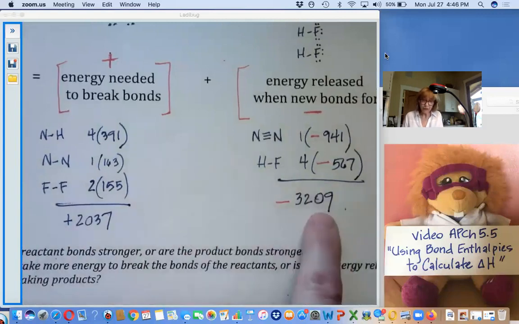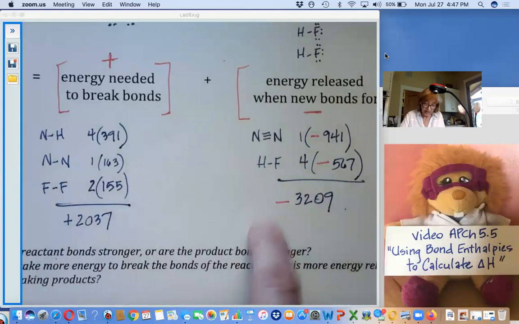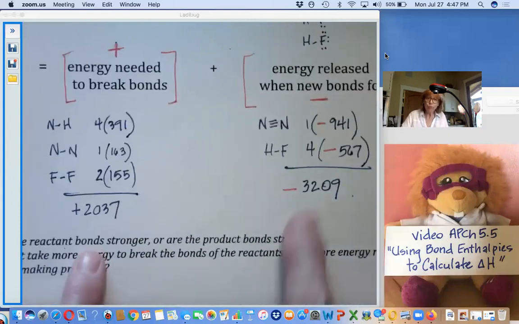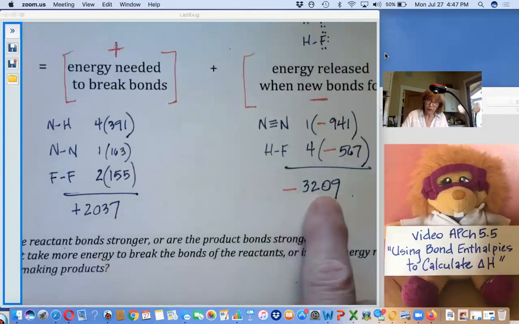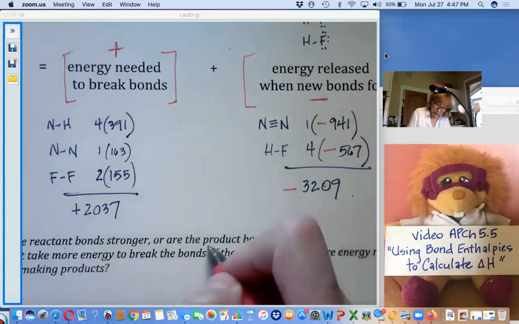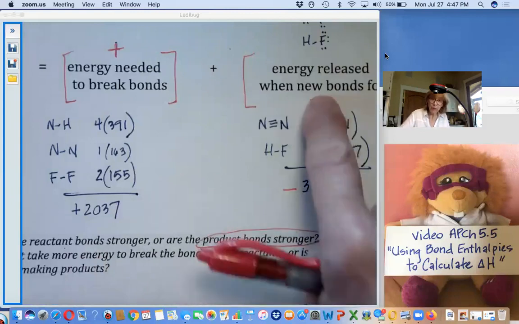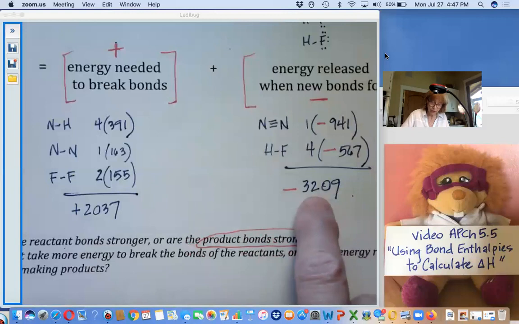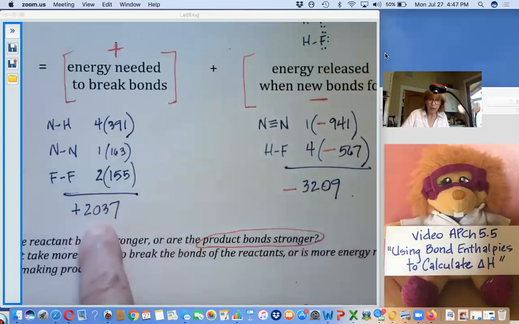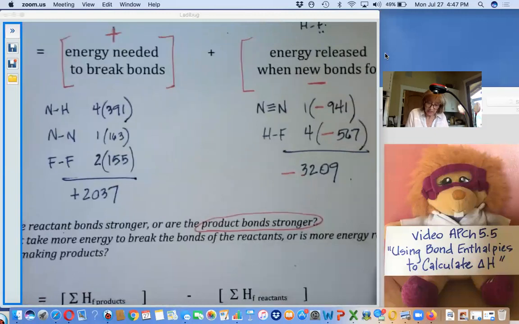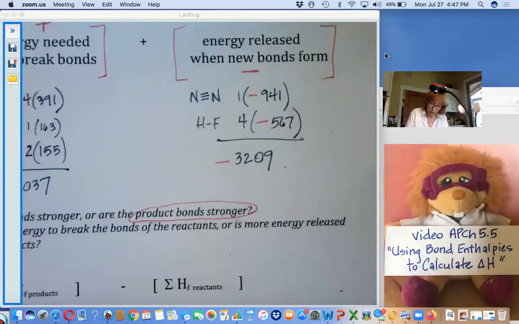The delta H value for this reaction is simply the net sum, this magnitude and sign added to this magnitude and sign. Now, before I add those pieces together, can you see that it is the product bonds that are stronger in this particular reaction? The magnitude of the new bonds we formed is larger than the magnitude of the bonds we had to break. Does it take more energy to break the bonds, or is more energy released in making the products?